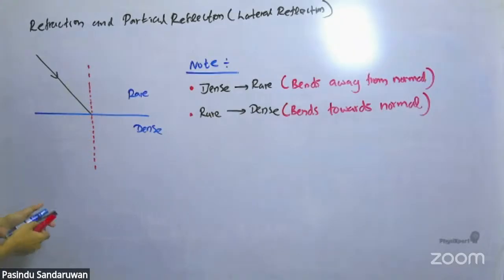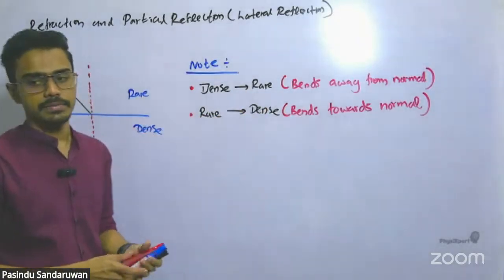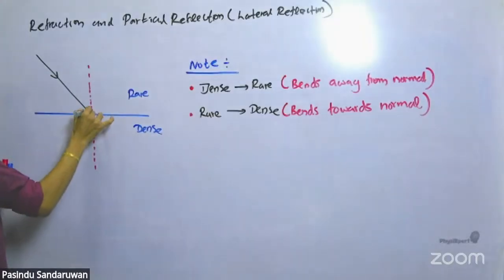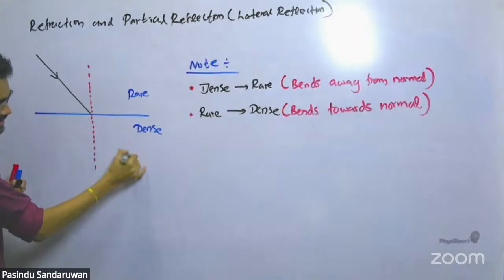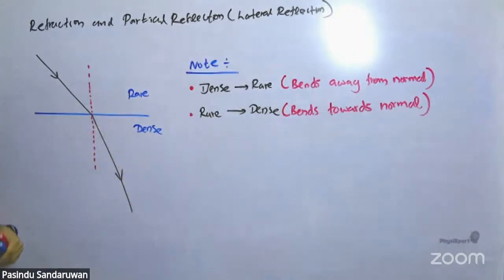When it travels from rare to dense, it bends towards normal. The original direction of this ray is this, and from that direction it bends towards normal like this.